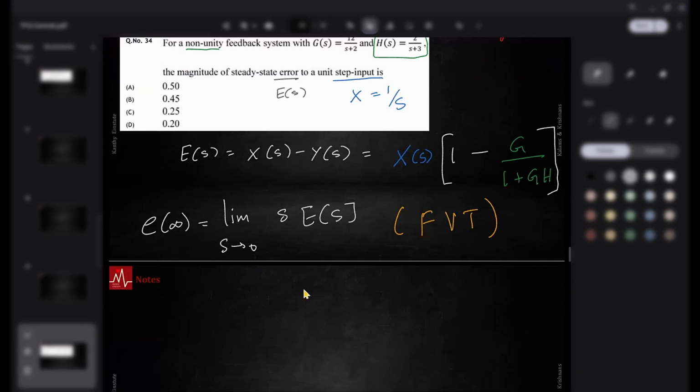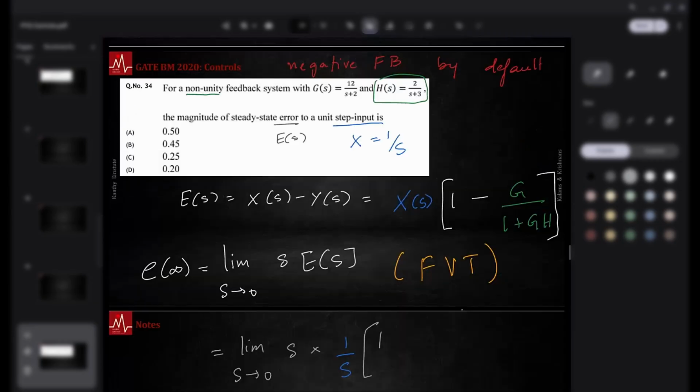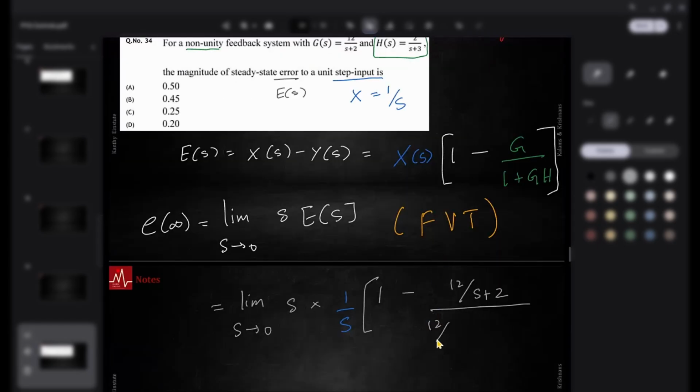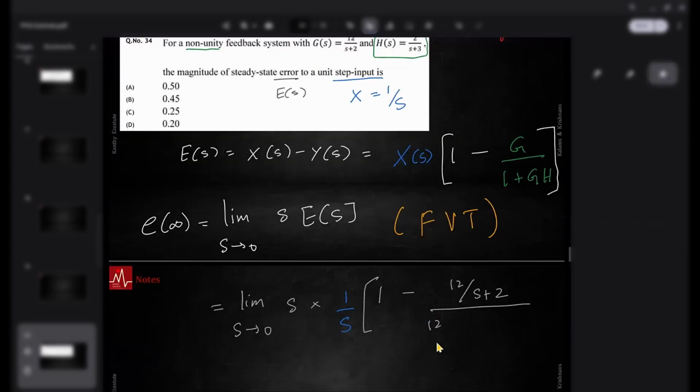That happens to be limit S tending to 0, where X of S is 1 by S. And then we have a bunch of this: 1 into 2 by S plus 2 into 2 by S plus 3.